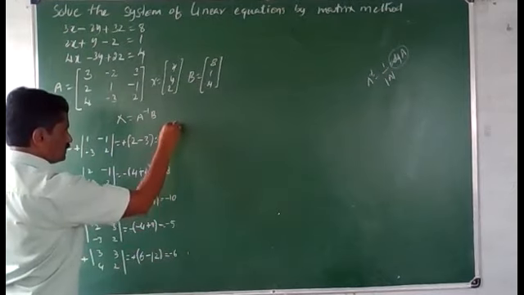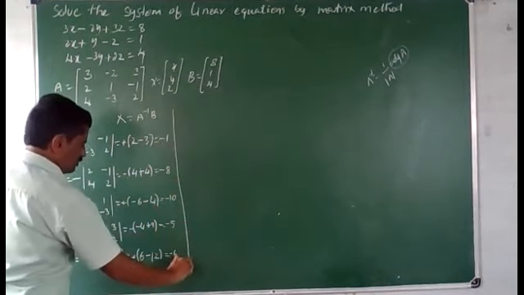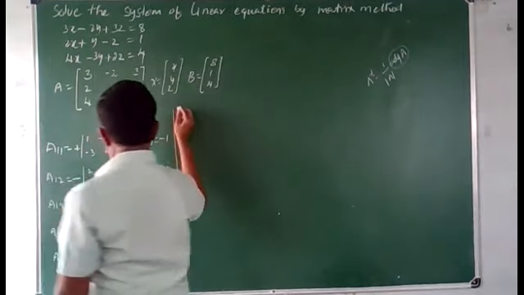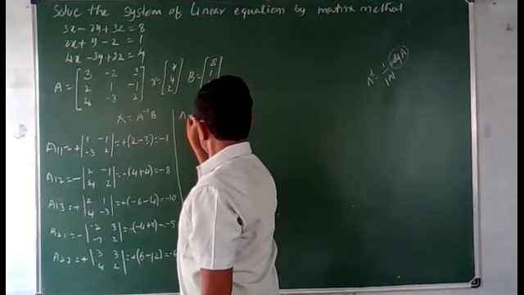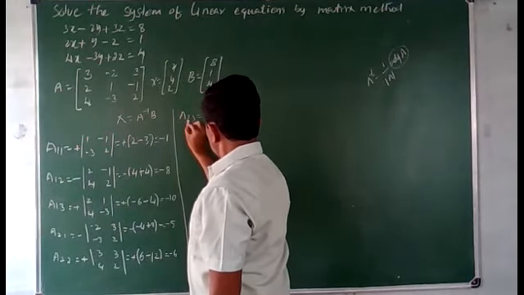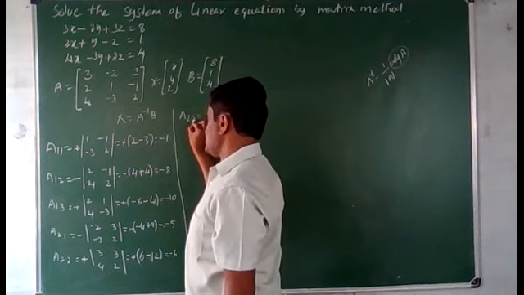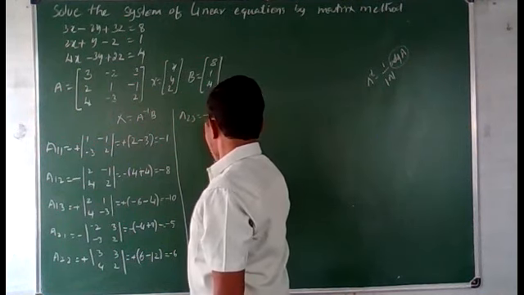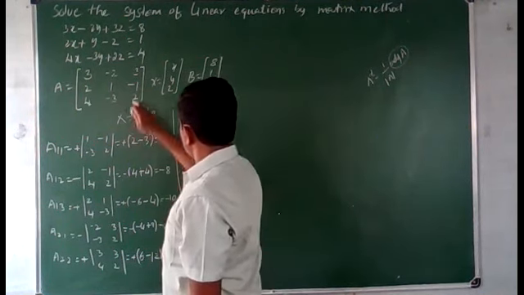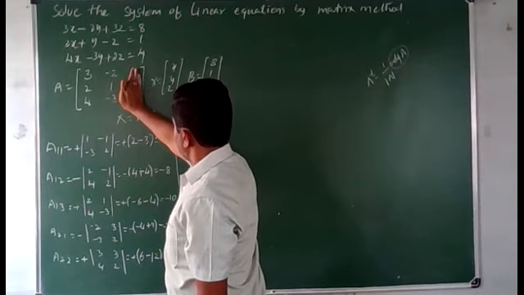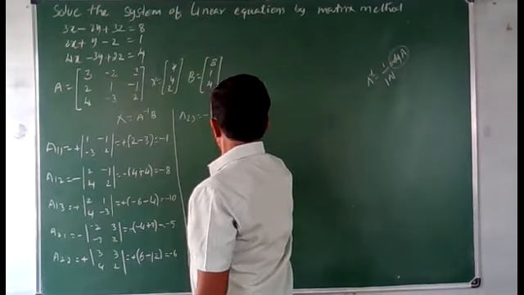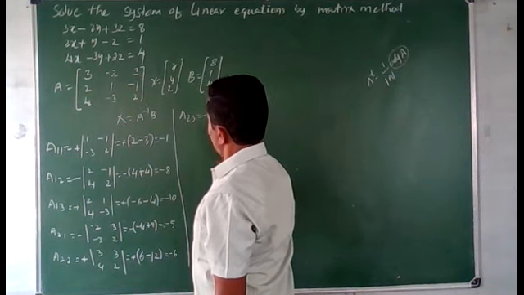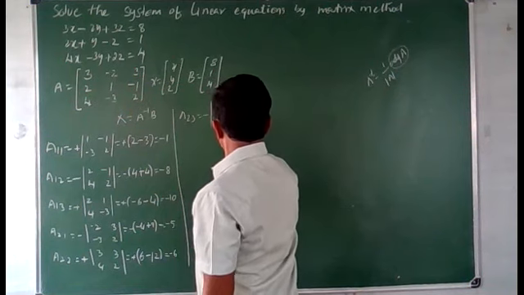Next one. Next we have the cofactor of this element, a23, so 2 plus 3 is 5. 5 is an odd number, therefore minus the determinant of the cofactor of this element, leaving this column and row. We have 3, minus 2, 4, minus 3.